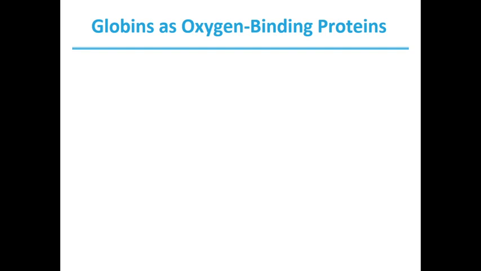Wow. So, how does nature get around this problem? And it is done so cleverly by using proteins that bind oxygen. But hey, the problem is not that easy to solve.